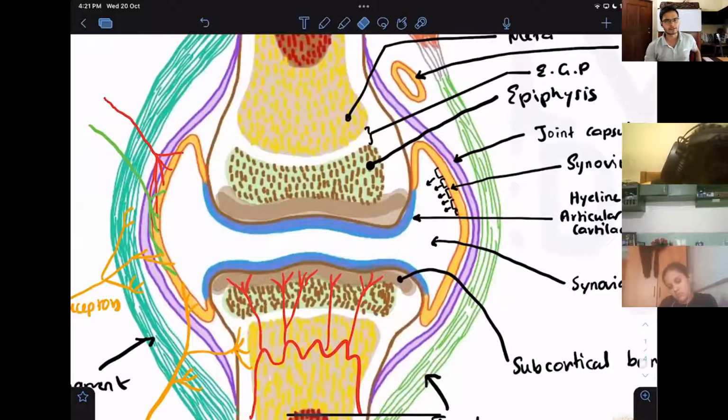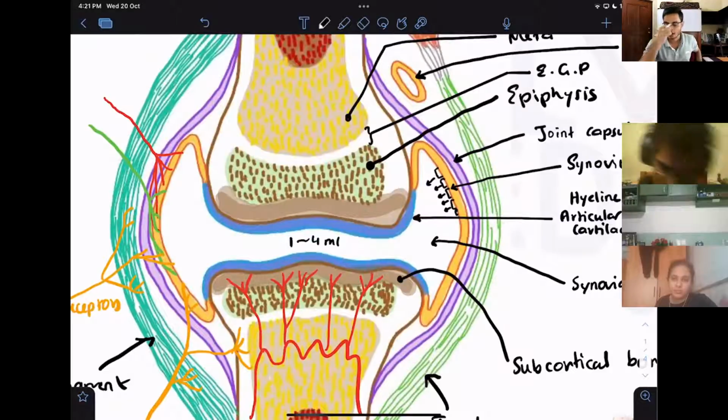For example, at the knee joint, the amount of synovial fluid is somewhere between 1 to 4 milliliters. That's it. It's like 4 drops of water. So there's a very thin layer. Let's see how it works.